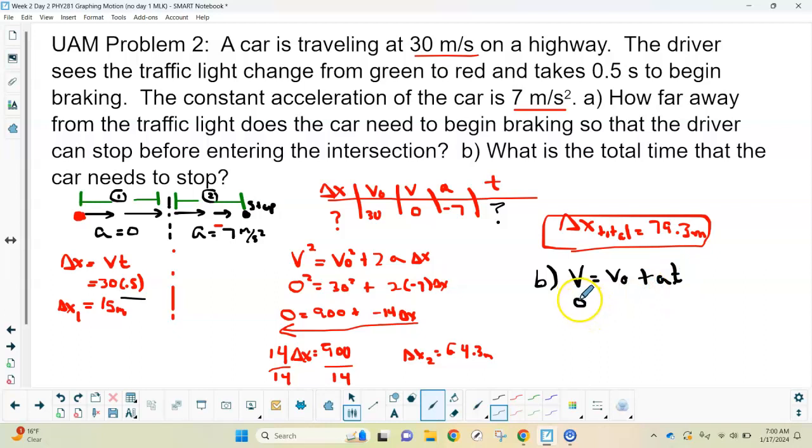So the final velocity is 0, the initial velocity was 30, and then the acceleration is -7t. Similarly, solving, you take the 7t to this side equals 30, and then divide through by 7. You get the time for part 2 to be 30 divided by 7, which is 4.28.